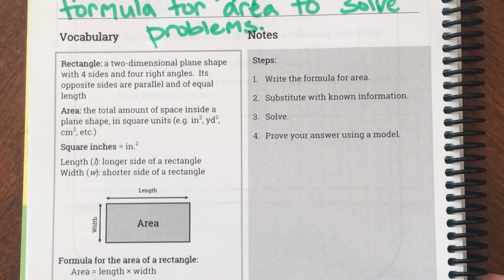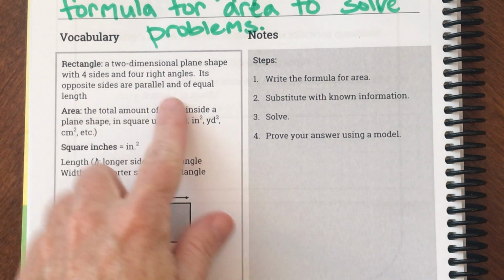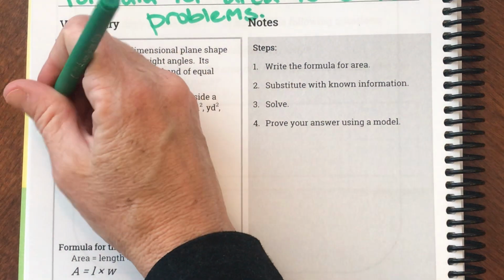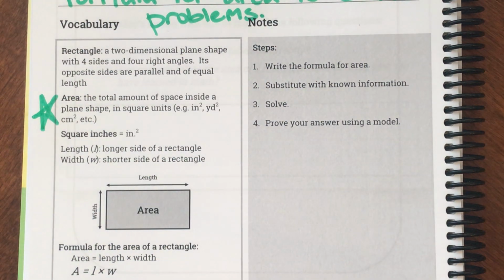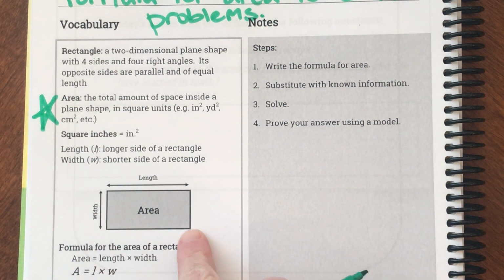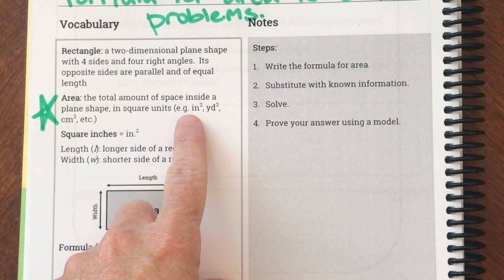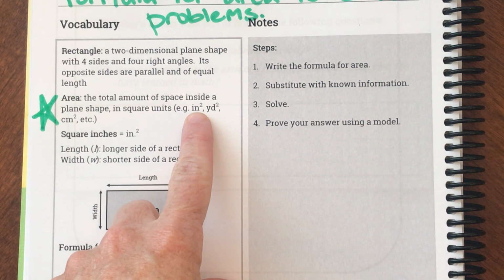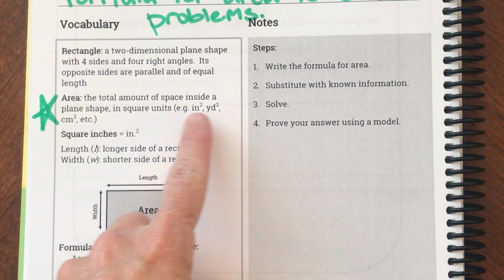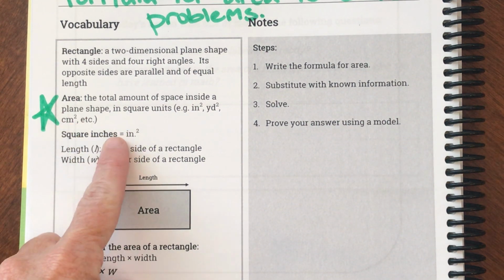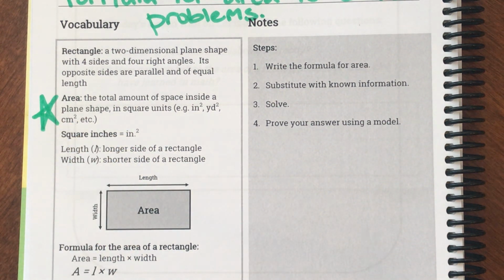Okay, so let's look at our vocabulary. They're reminding us what a rectangle is. And this is the big part. They're reminding us what area is. So it's the amount of space inside a flat shape. They also remind us that our answer always has to be in square units. So inches squared, yards squared, centimeters squared, whatever the measurement might be, we have to make sure it's squared.